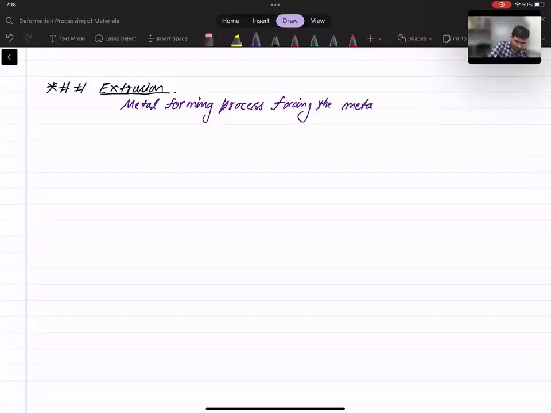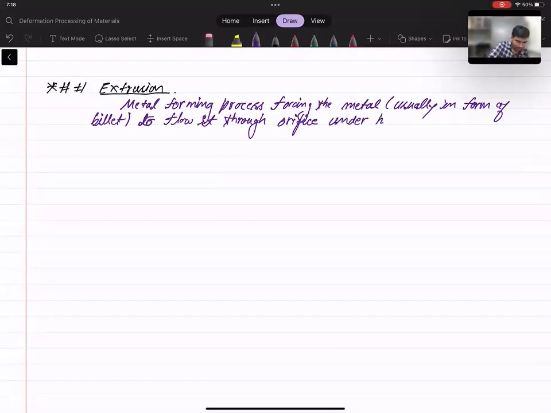the metal, usually in the form of a billet, to flow through an orifice under high pressure, okay, so as to get the desired shape or reduced cross section.